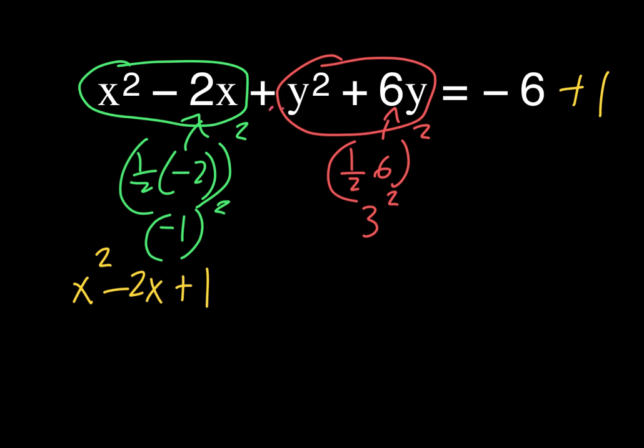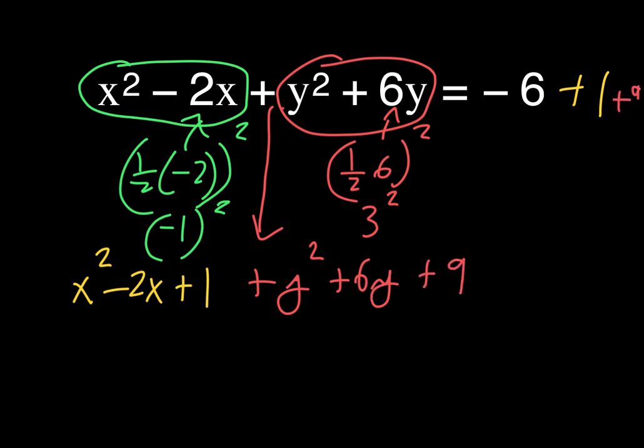So I'll have plus y squared plus 6y plus 9. And I've got to do a plus 9 up here. So 6 plus 1 is 7. 7 plus 9 is 16.